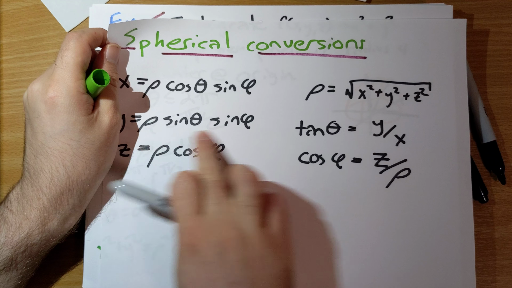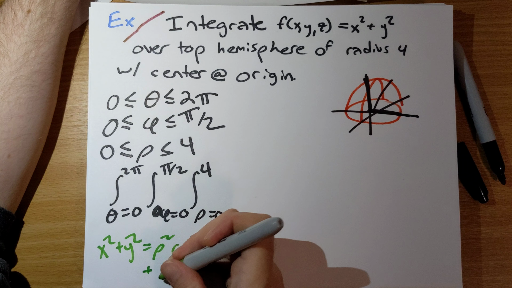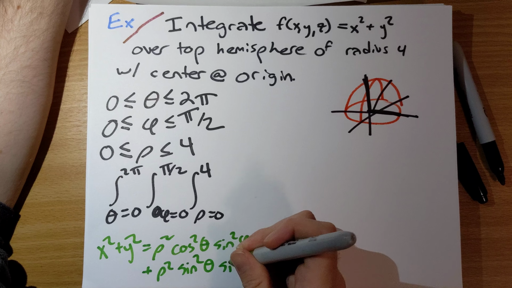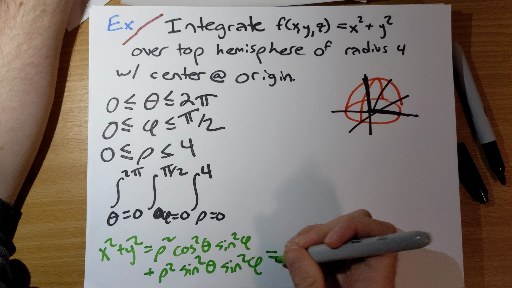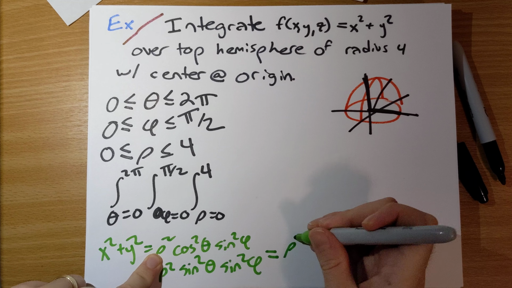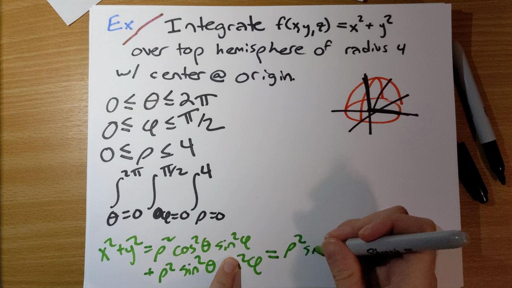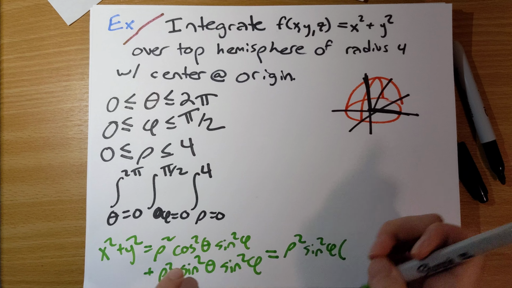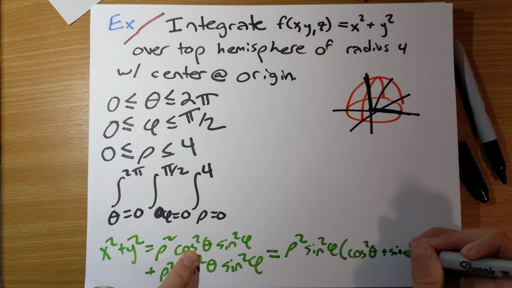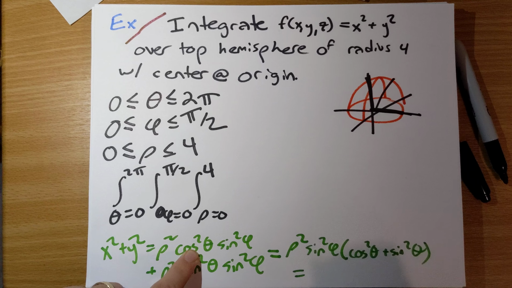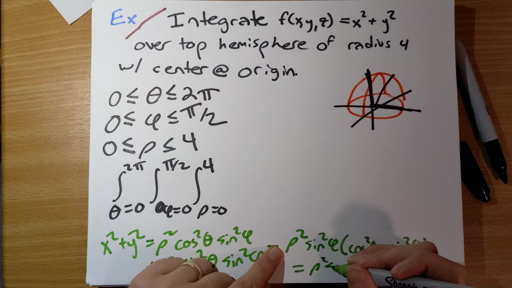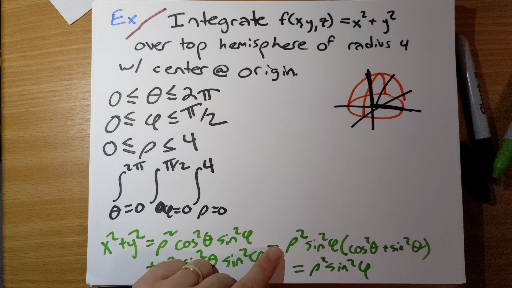Now let me add to it squaring this: plus rho squared sine squared theta sine squared phi. And note here, we can factor out rho squared sine squared phi times cosine squared theta plus sine squared theta. Hey, that's just 1. So this is just rho squared sine squared phi.